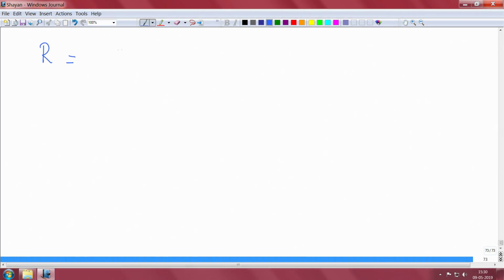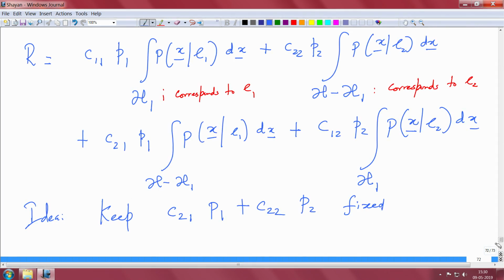So, the risk R is C21 P1 plus C22 P2. We fix this. Now if you observe this integral, we have C21 P1, and this is an integral over the space H2. The pi that you have with H1 and what you have with H2, when the total integral is going to be 1, the pi in H2 is 1 minus the pi in H1.